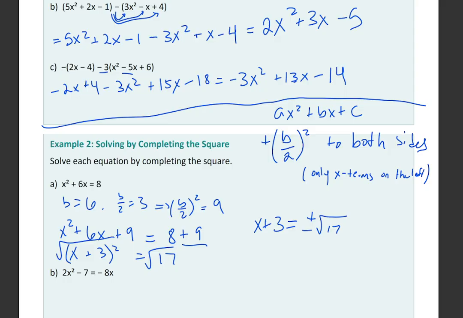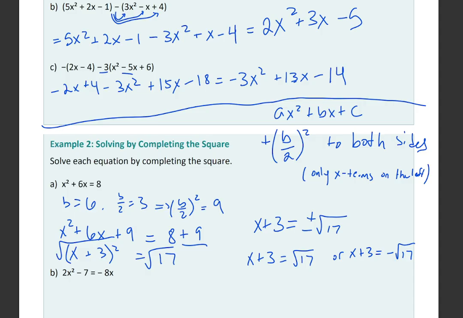So x plus 3 can equal positive root 17, or x plus 3 can equal negative root 17. We have no way of telling if it was the positive case or the negative case when we got to 17.